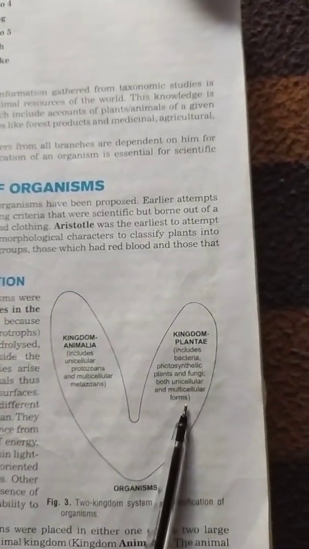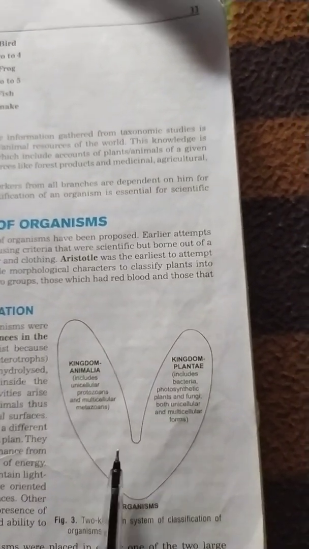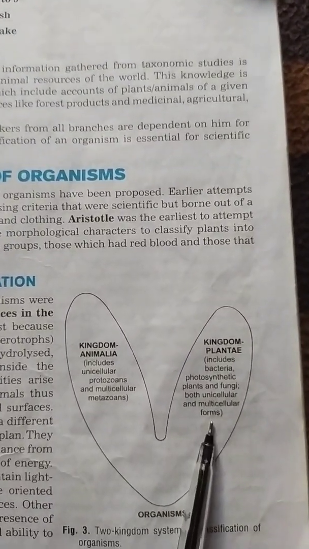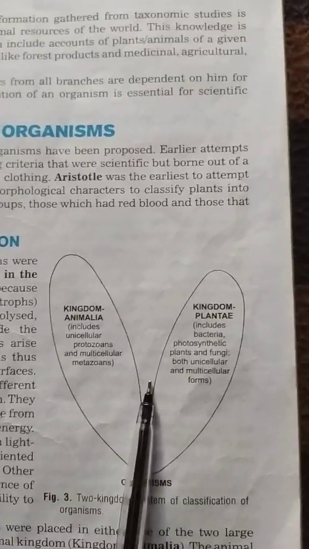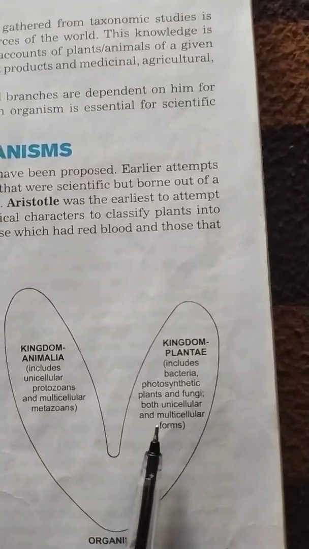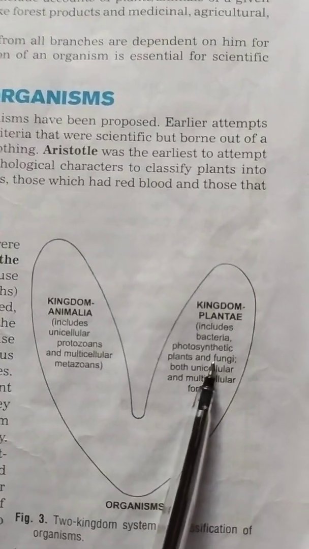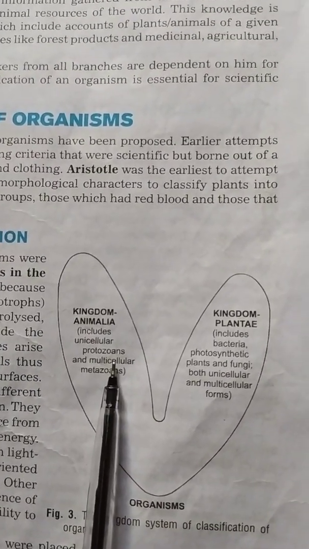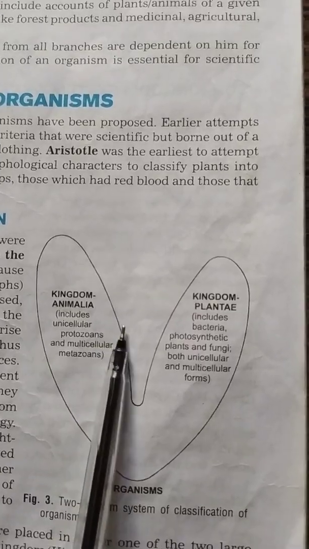In the two kingdom classification, which we see here in figure 3, the two kingdoms are kingdom Plantae, which we see here, and kingdom Animalia. Now, what does kingdom Animalia contain?